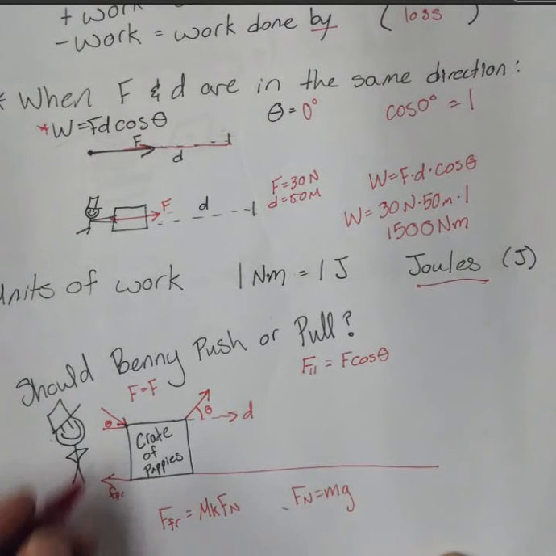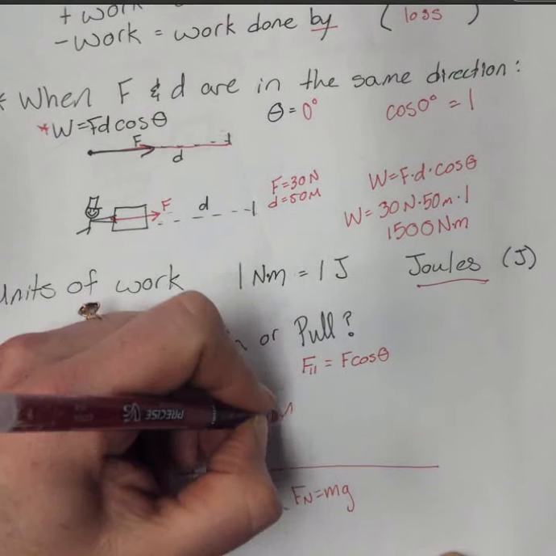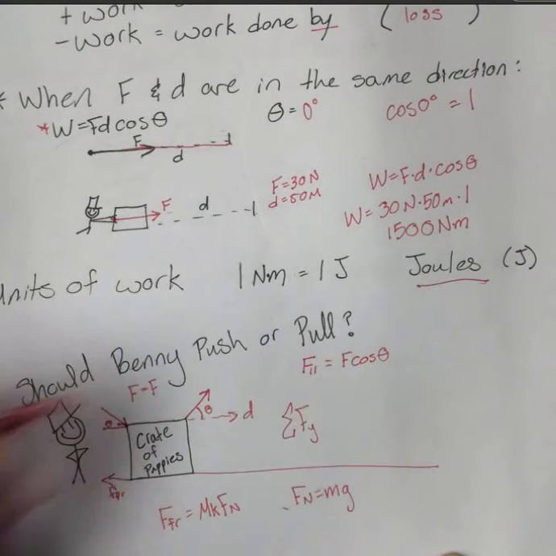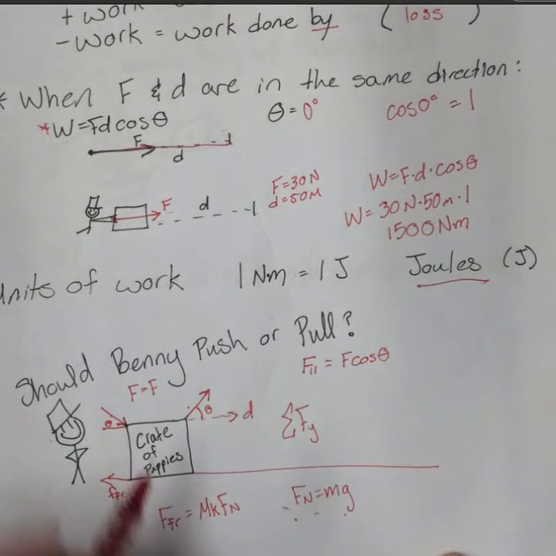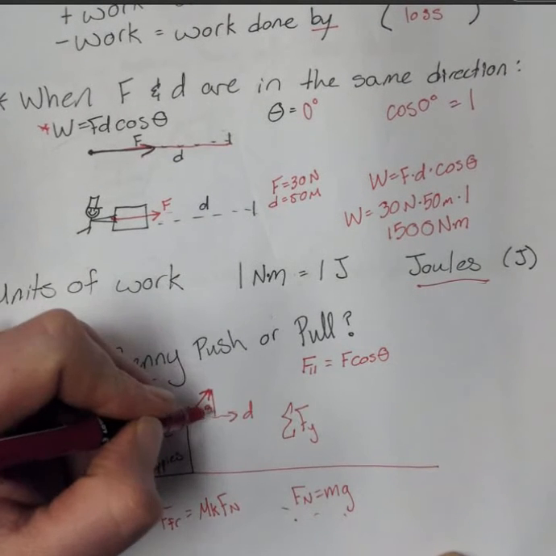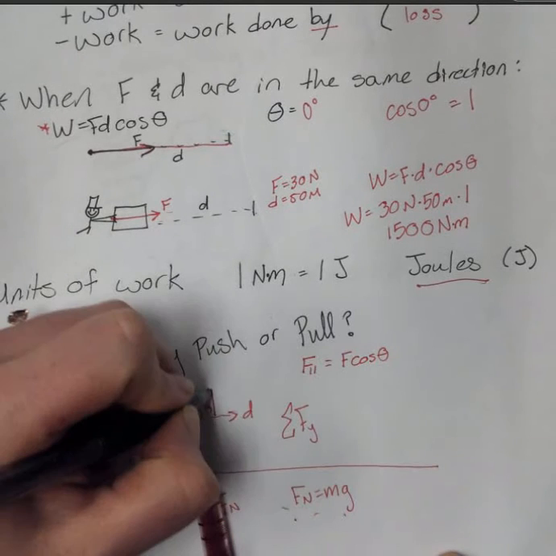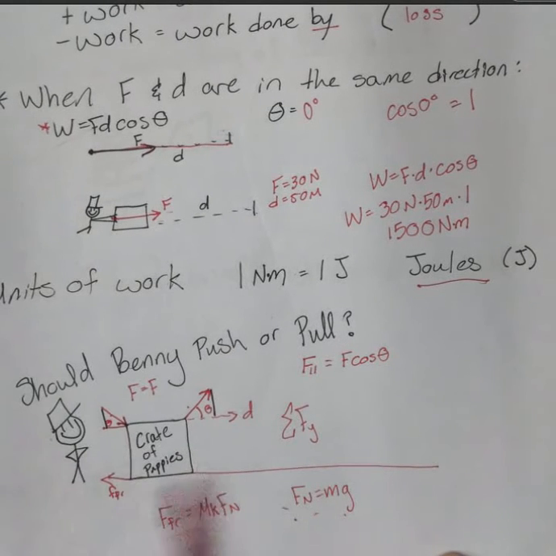Now we have to consider our net force in the y direction. A push or a pull is going to change this value, because if it's at an angle, then some component of each of these forces is also in the y direction.